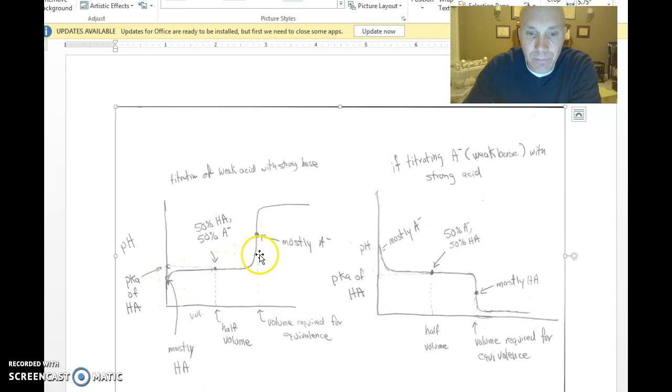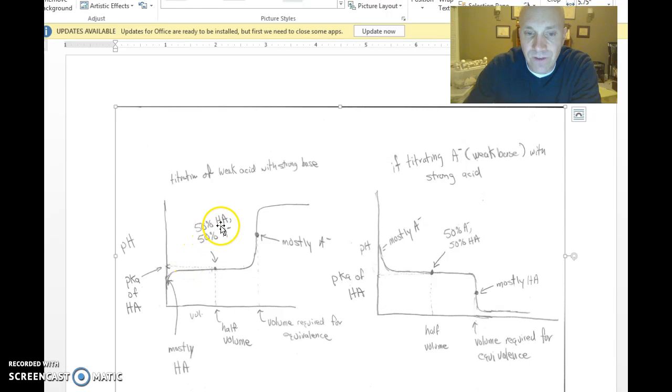And there's that point, and that point is going to be when you have added exactly half of the volume of base required to get to the equivalence point, and that's what we call the half volume. At that half volume, you're going to have 50% HA and 50% A minus.